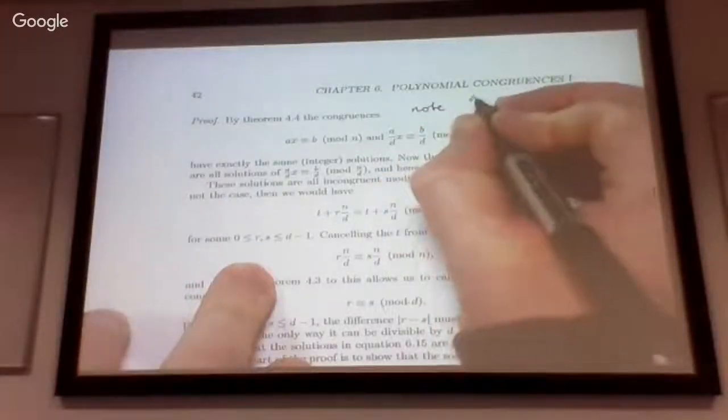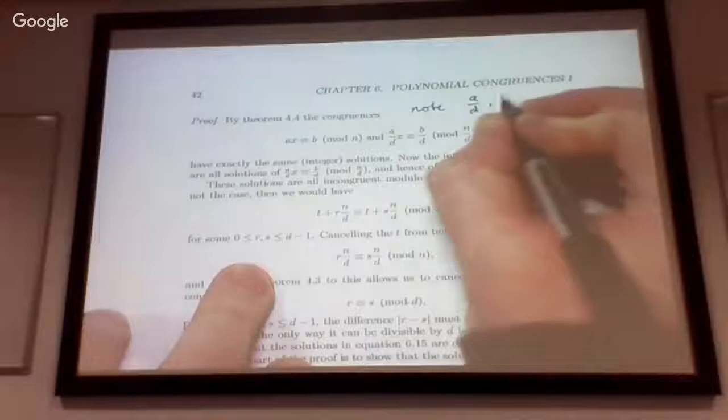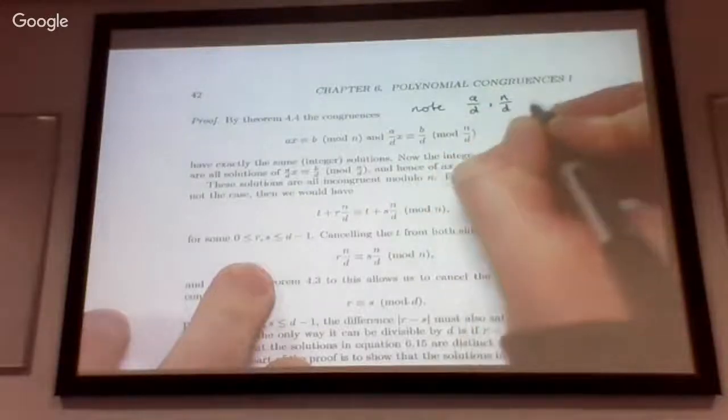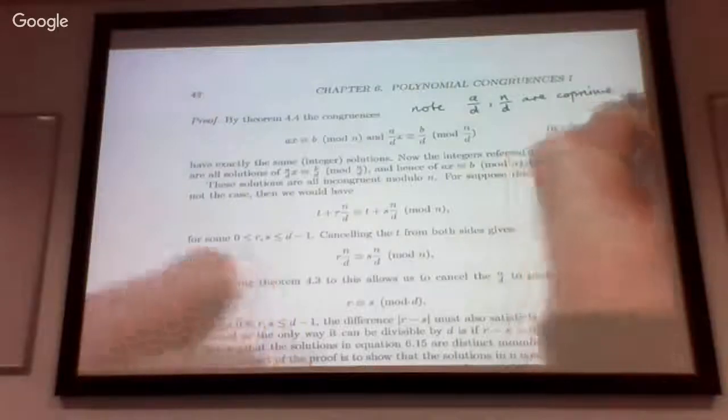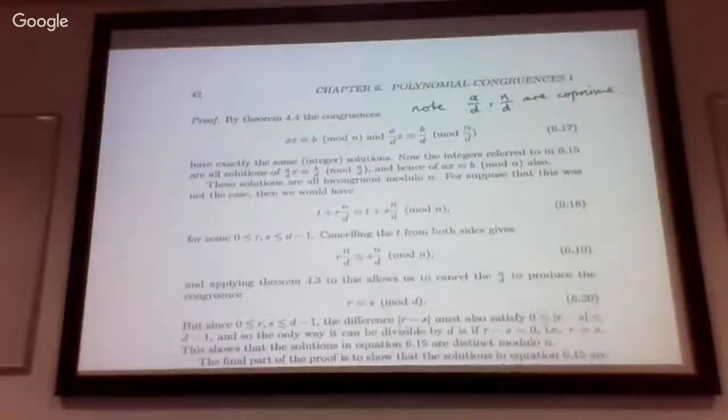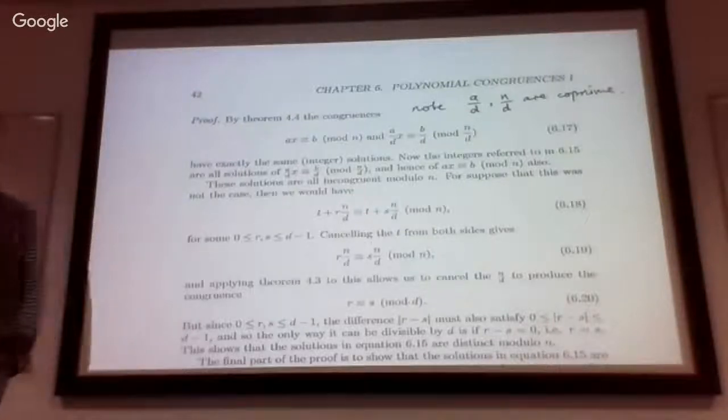So note here, a over d and n over d are coprime. They can't share any common factors because we've already divided them both by their greatest common divisor. So a over d and n over d are coprime.